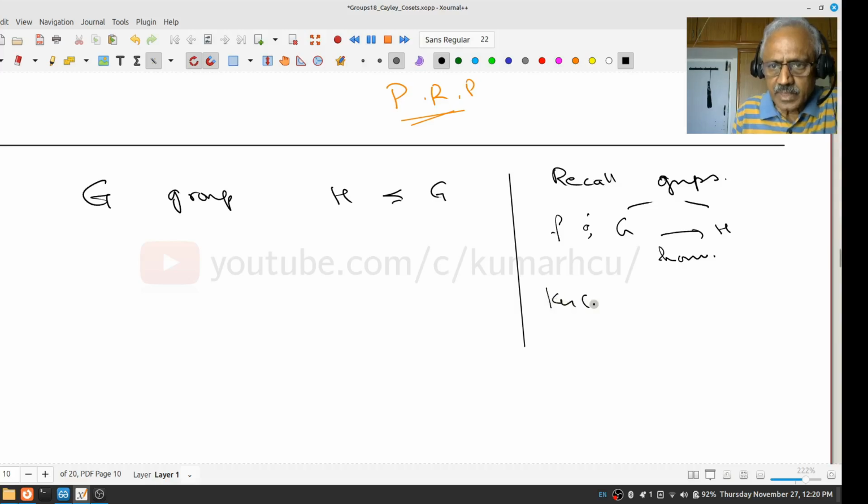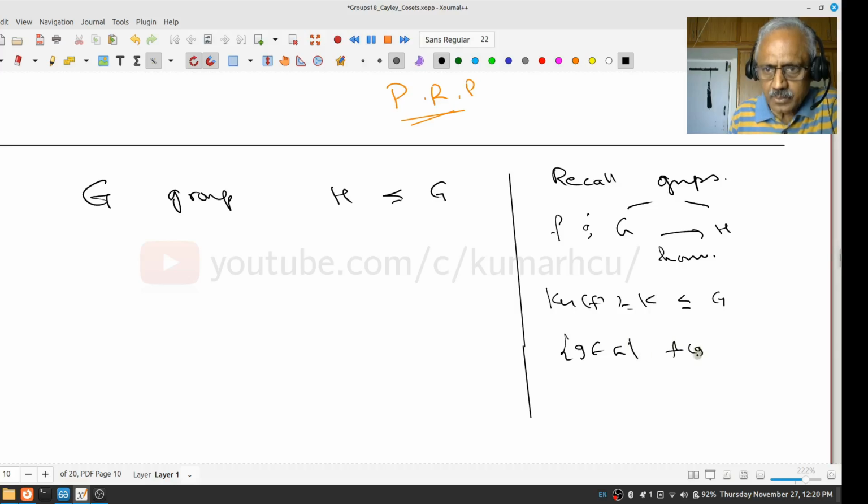Then we looked at kernel of f, call it K, that is a subgroup of G, right? Then we saw this kernel allowed us to look at what are the elements a in G whose value is f of a fixed. Okay, suppose fix h in H, assume that f of a equal to h.